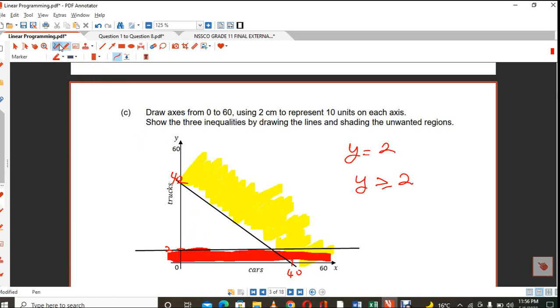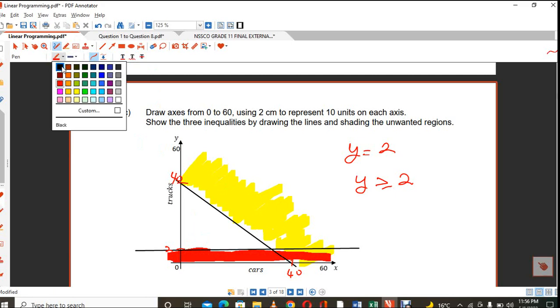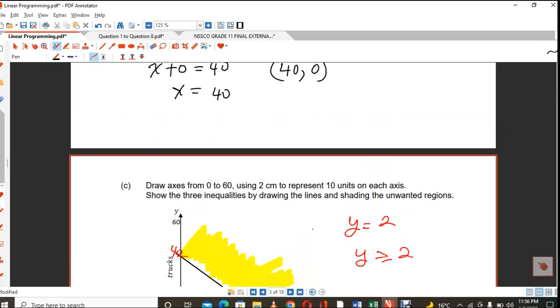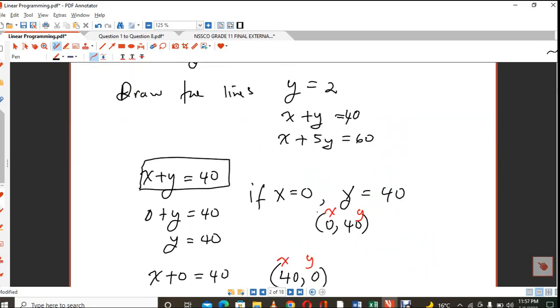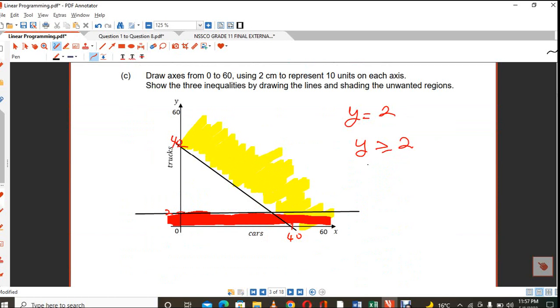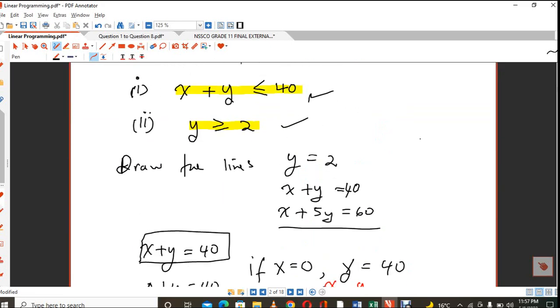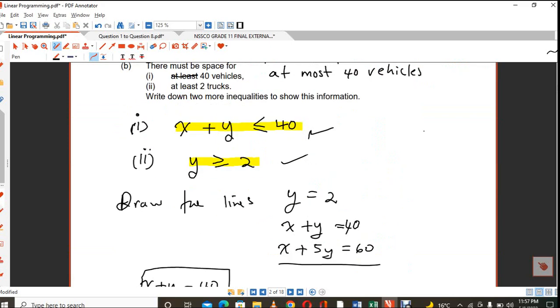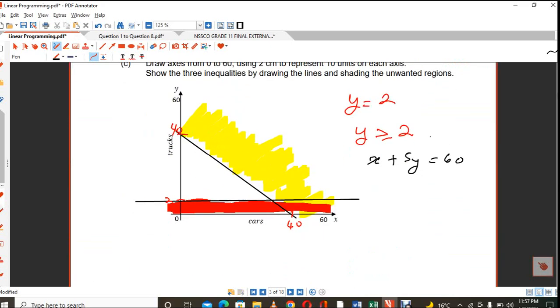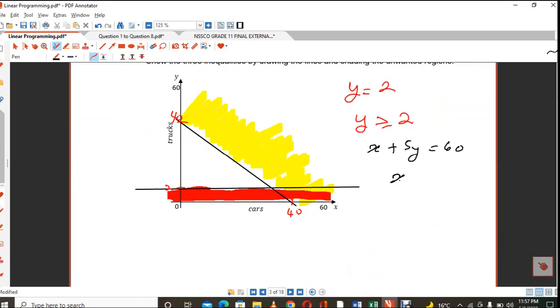And the other inequality that we also have is the one with x plus 5y equals 60. Let me just write the equation. So you have x plus 5y equals 60. But remember, the inequality was x plus 5y is less than or equal to 60.